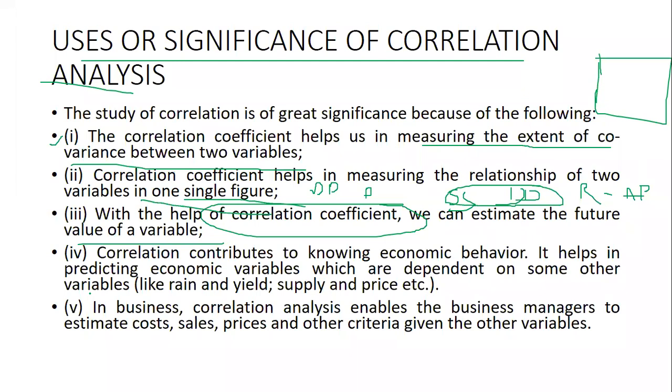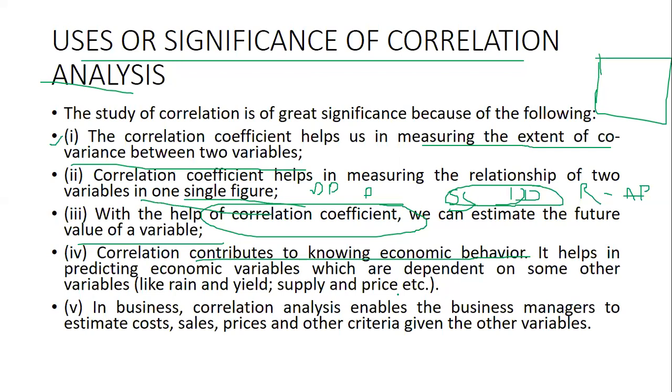Even if there is no rainfall, if you have water available in the village, maybe in the river or in the lake, then the farmer will be able to do his work. Understood? So correlation contributes to knowing economic behavior. It will try to understand what is happening in the economy.